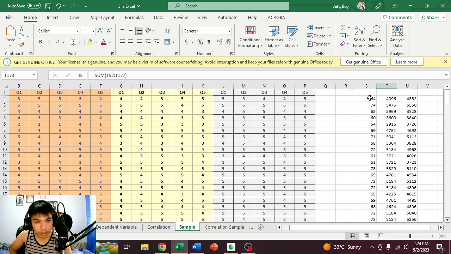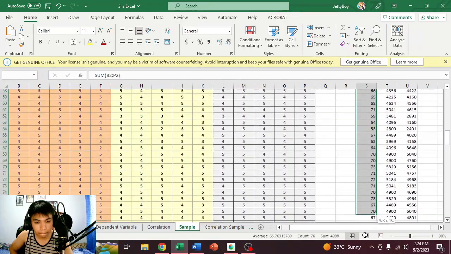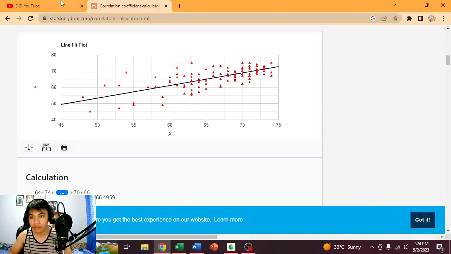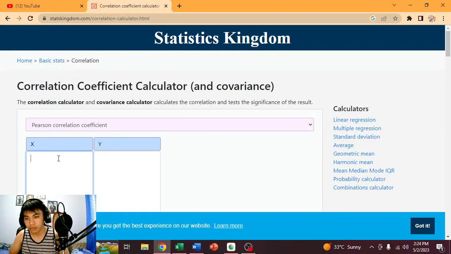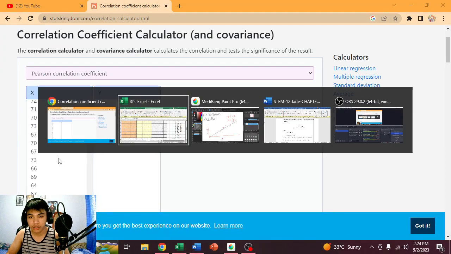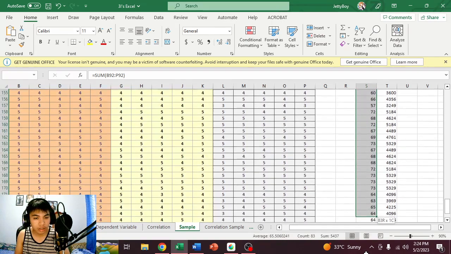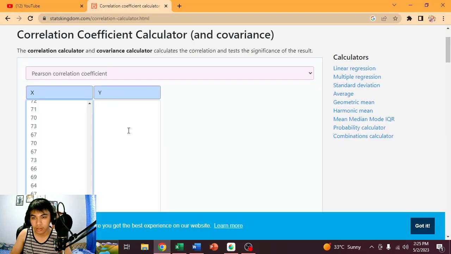Just bear with me here. Okay. Let's input our x values and then our y values, just so you can see that our calculations are still right despite the differences in the formula used.